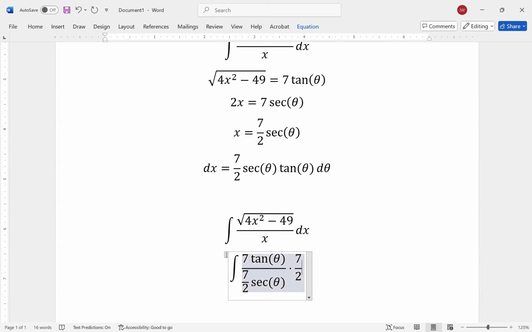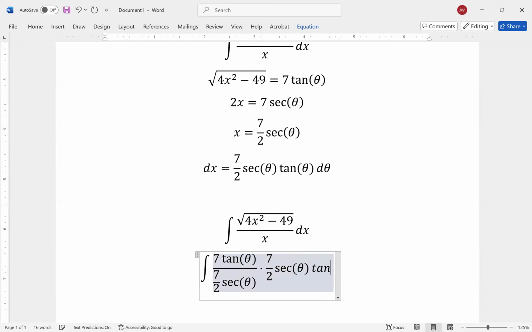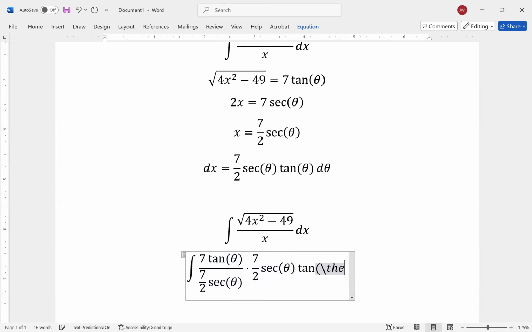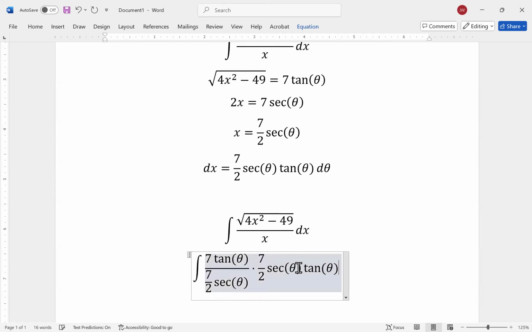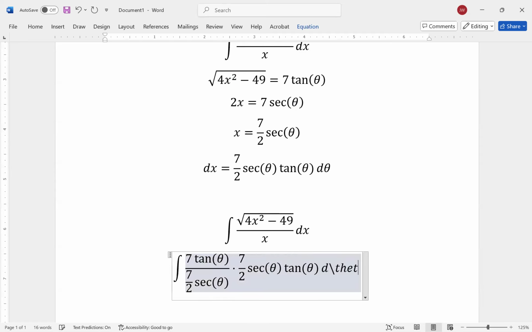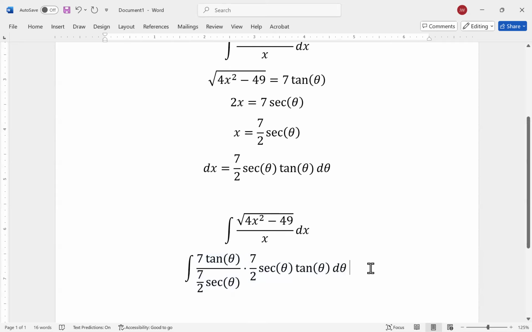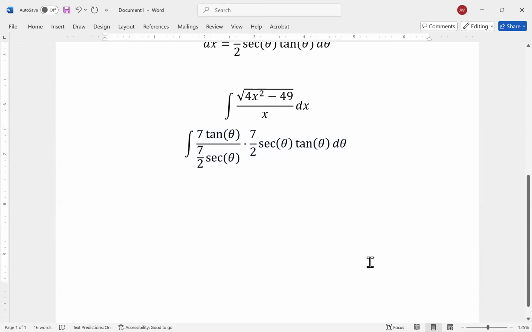So 7 halves times secant theta times tangent theta d theta. We're going to get some things canceling out. Obviously, the 7 halves on top and 7 halves on bottom cancel out.